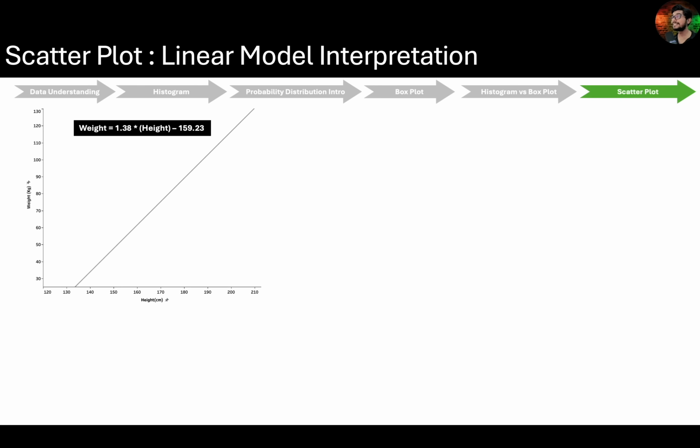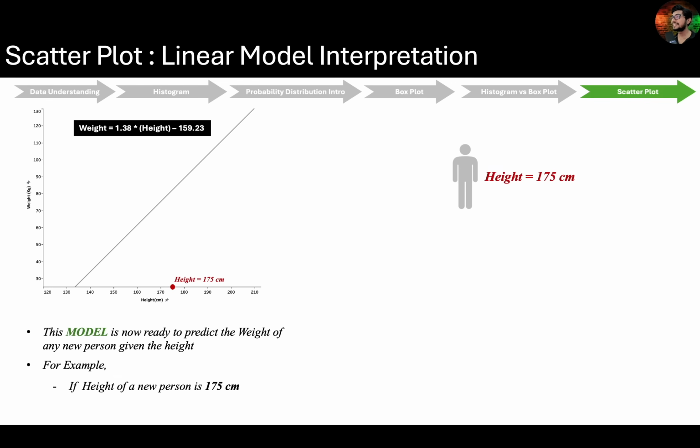TLDR, we created this linear model in order to predict the weight of any new person by inputting their height into the model. Imagine someone tells you that their height is approximately 175 centimeters, and you want to estimate their weight for whatever reasons. But there is no weighing machine around. Fortunately, you remember the model's equation from this course that relates height to weight.